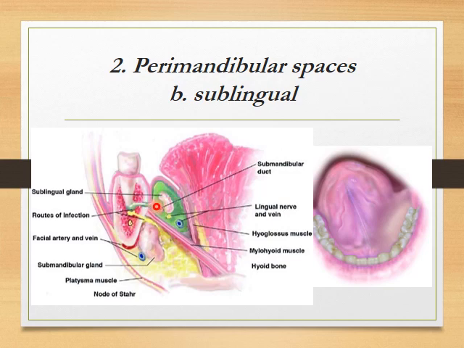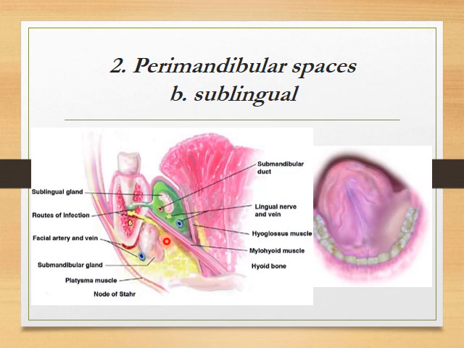The most common teeth involved are the premolars and the first molar. If the erosion occurs below the mylohyoid muscle, it will lead to submandibular space involvement.